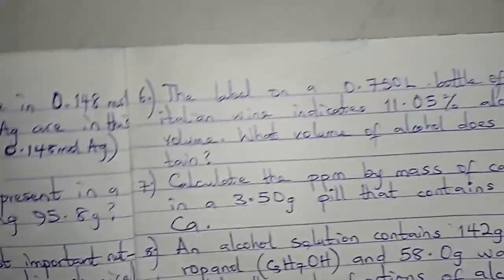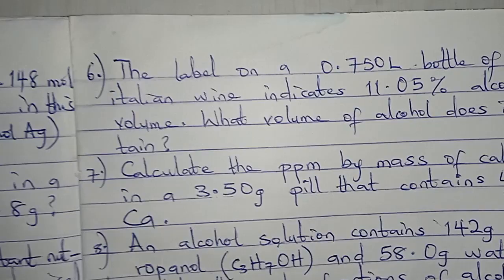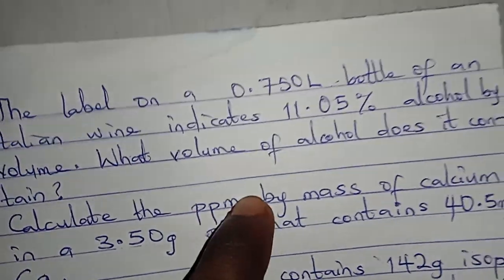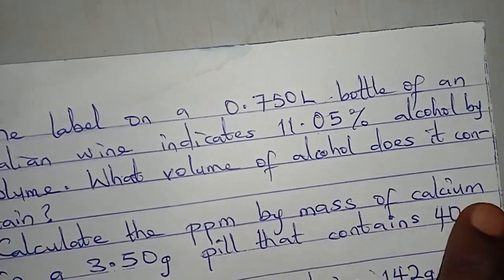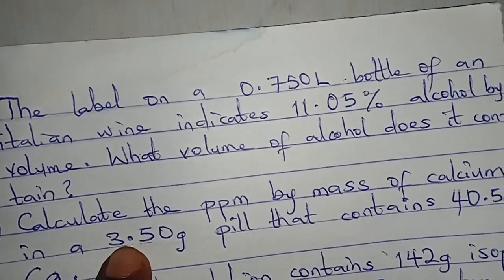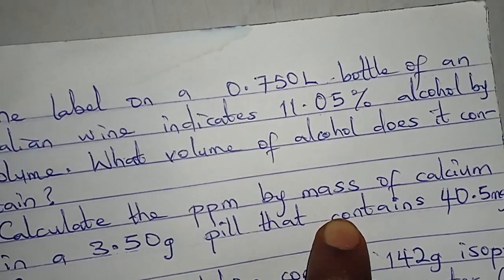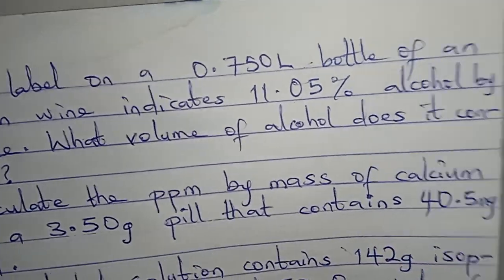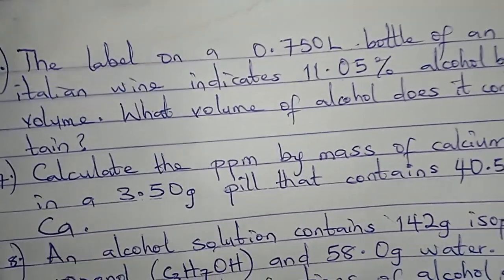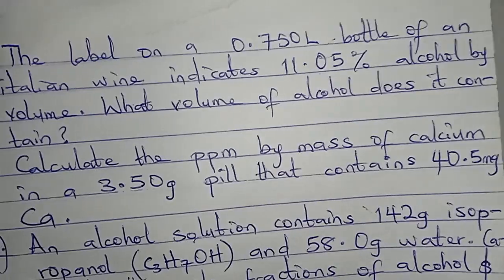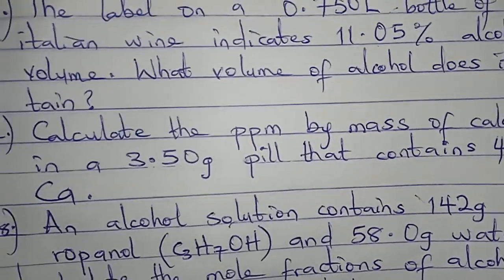Very simple questions. They say calculate the ppm by mass of calcium in a 3.50 gram pill that contains 40.5 milligram calcium. Calculate the ppm by mass.